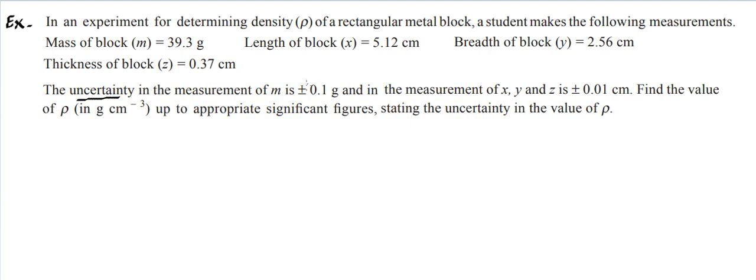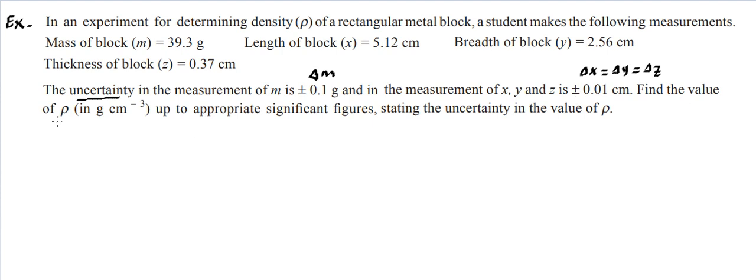That means this is the value of delta m. And in the measurement of x, y, z it is plus minus 0.01 centimeter. That means this is indicating delta x, which is also equal to delta y, which is also equal to delta z. So error values are known to us here.